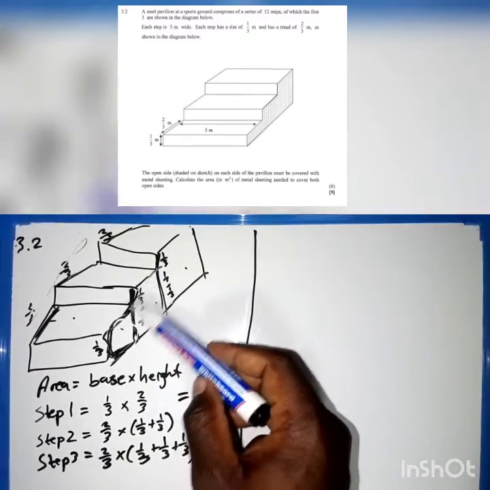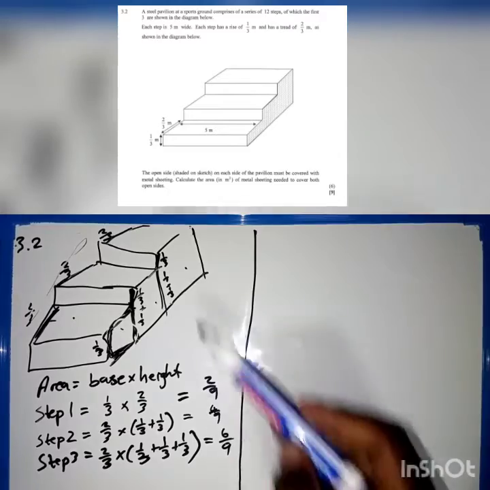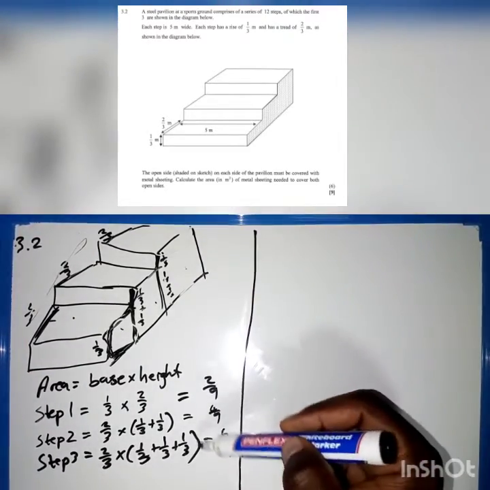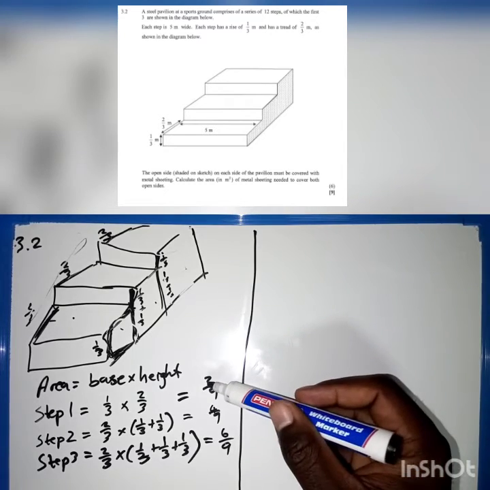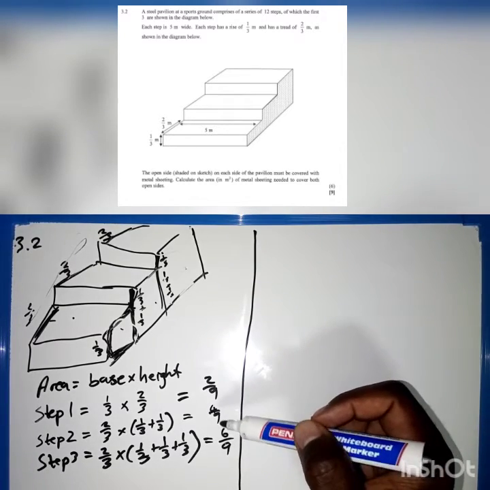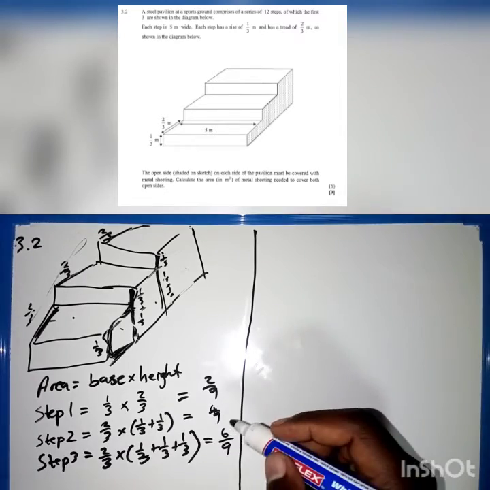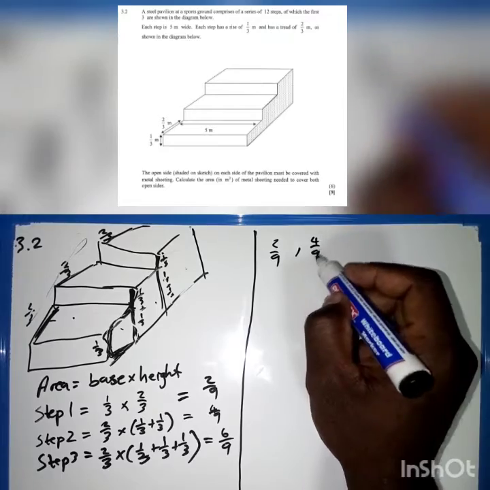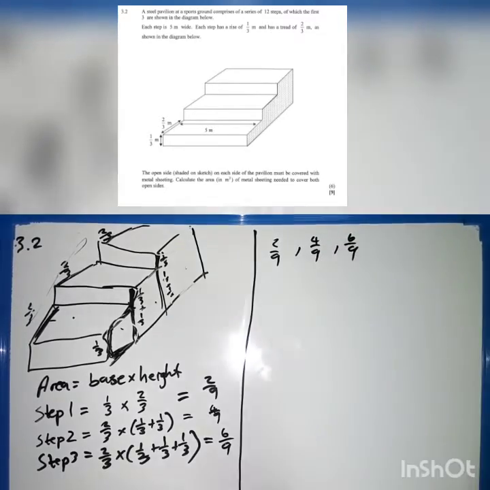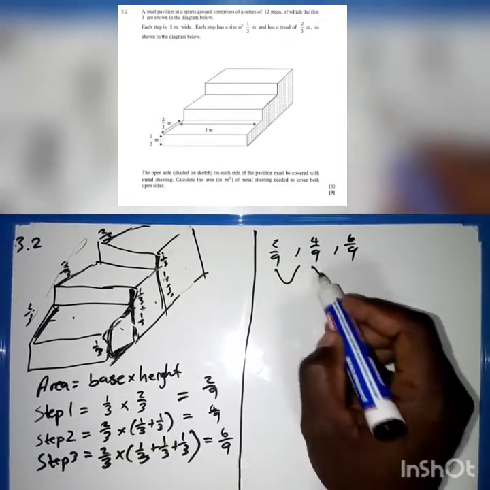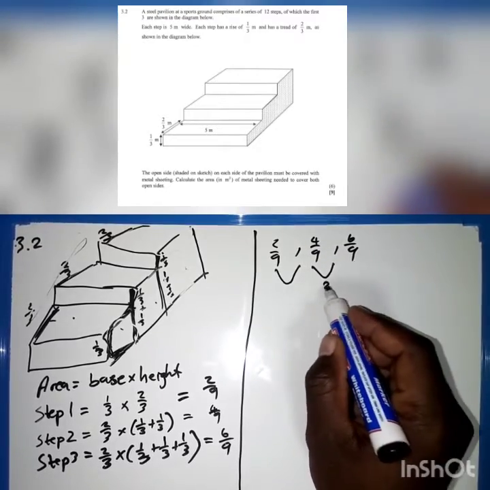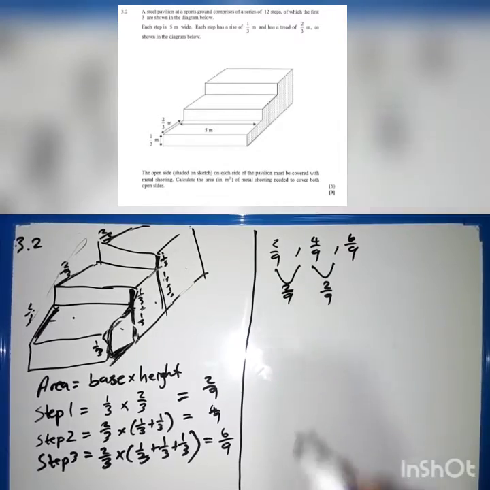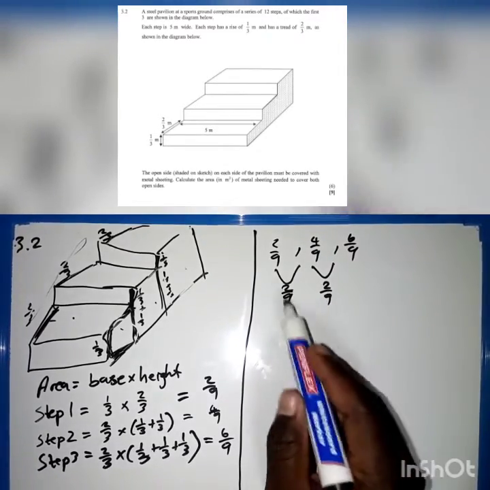This gives you the sheet needed to cover this area here, and this gives you the area of the sheet that needs to be covered here. So I'm going to find a formula for this. Looking at this, I can see that it's arithmetic, because I have a constant difference: 2/9, 4/9, and 6/9. 6/9 minus 4/9 is 2/9. 4/9 minus 2/9 is 2/9. So this is arithmetic.